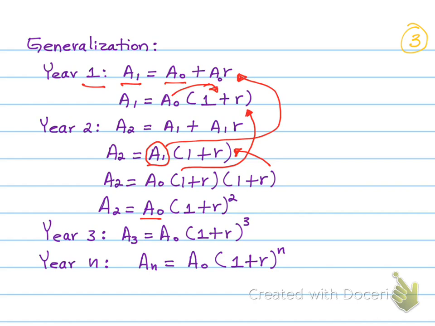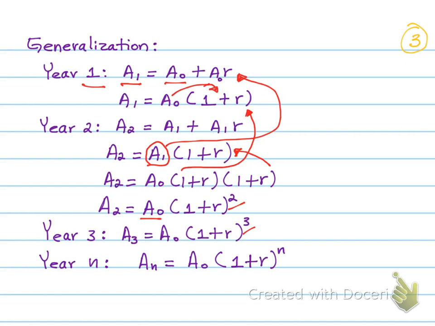And from what we did before, you can see that this exponent is growing. In year number 2, we have 2. In year number 3, we have 3. In year number 4, we have 4. In year number 50, we would have 50, and so on.